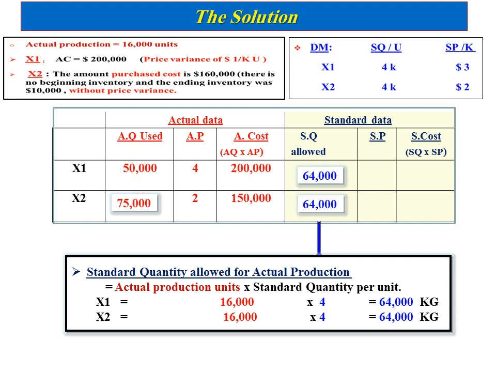Standard price, very simple, given here. Standard price for X1 is 3, and the standard price for X2 will equal 2, both of them given here. If I have standard quantity allowed and standard price, I can calculate the standard cost for each kind of direct material.